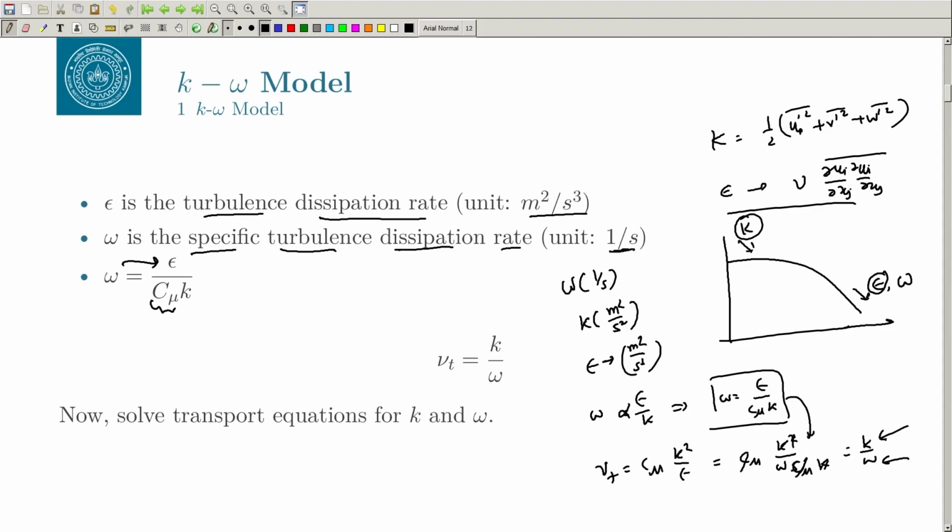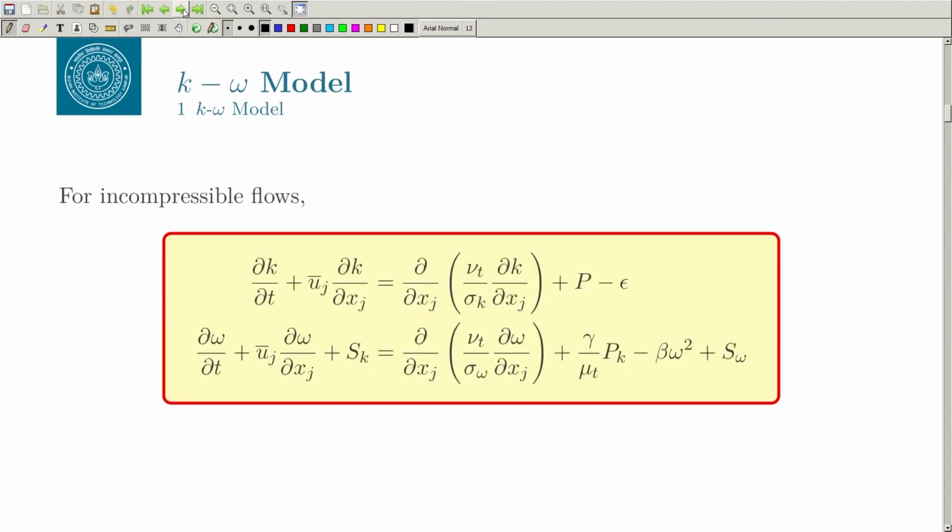But like the epsilon equation, the omega equation has to be completely modeled. So, we need to find the equations for k and omega. Once you find k and omega, at every time step we can take the ratio of these two and get nu t.